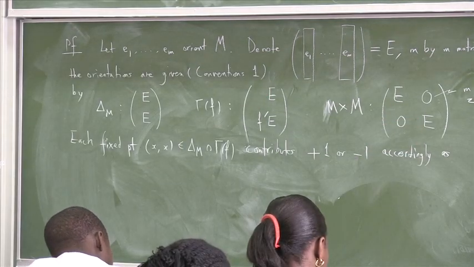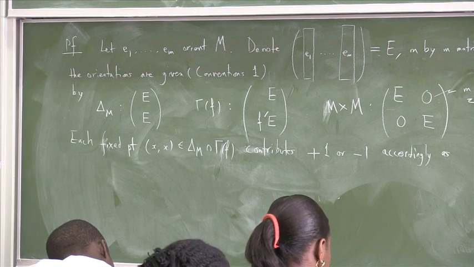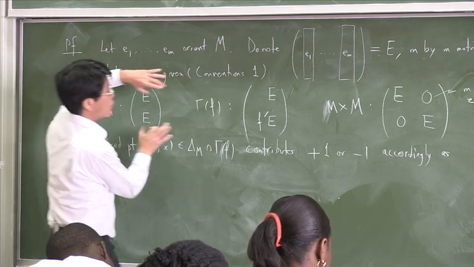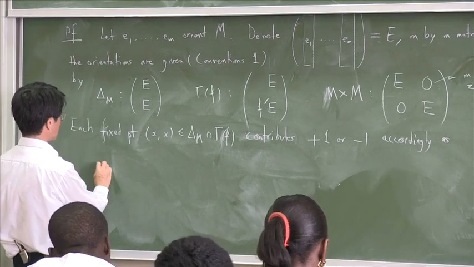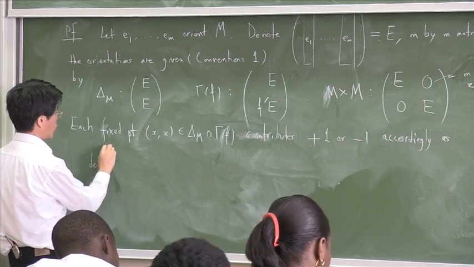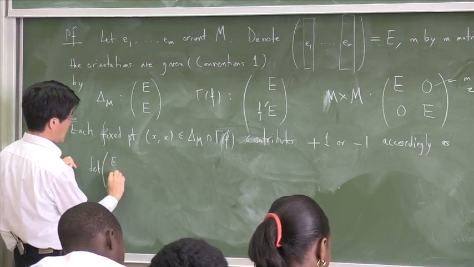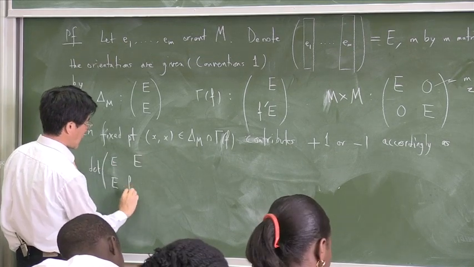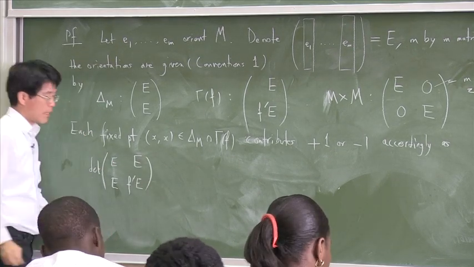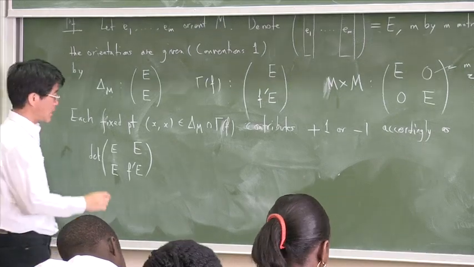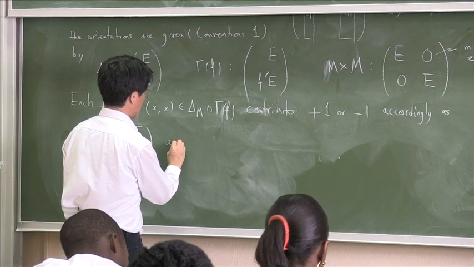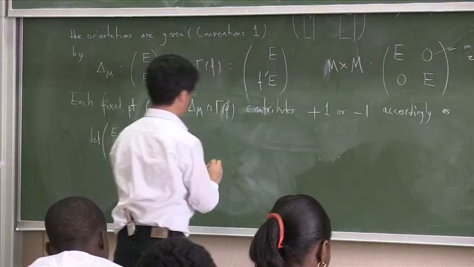Okay? So that means that if you calculate a determinant consisting of this and this, the determinant of E and E f prime times E, that's a 2m by 2m matrix, and the determinant of that, the ambient.